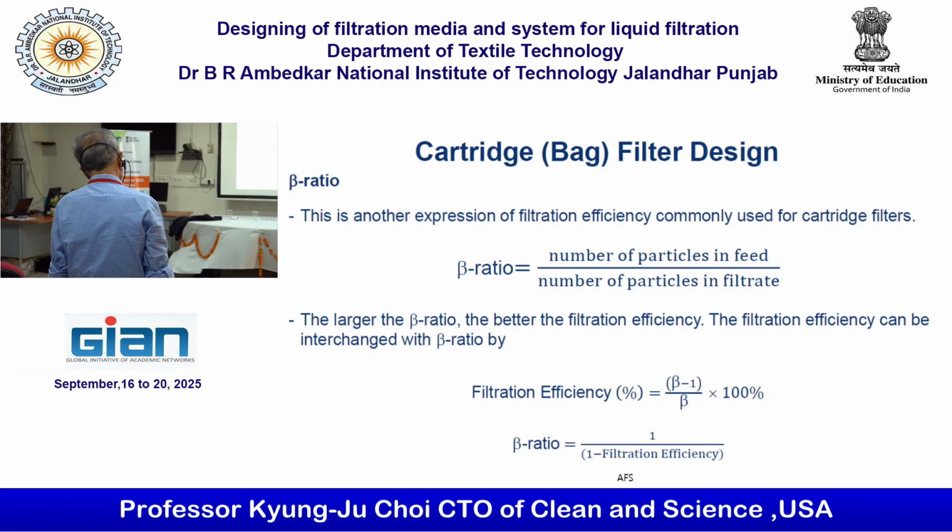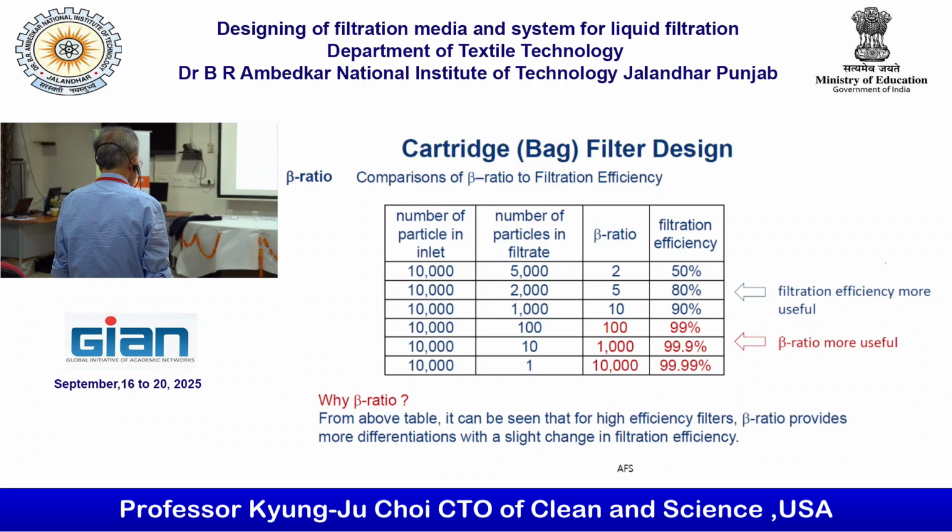I don't know who actually made the name of beta ratio, but it is common terminology in liquid filtration. Here the beta ratio is 2, 5, 10, 100, and filtration efficiency starting 99 to 99.9. Then the beta ratio is 10,000, then it is 99.99.